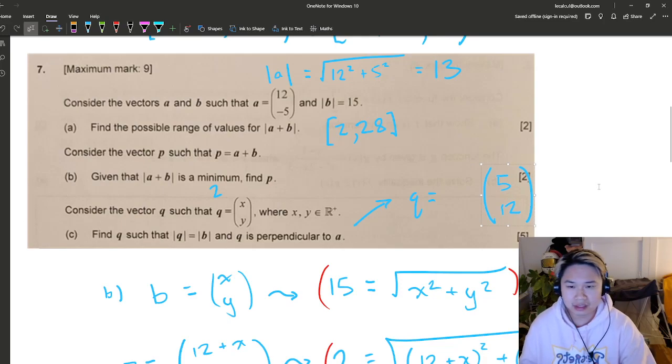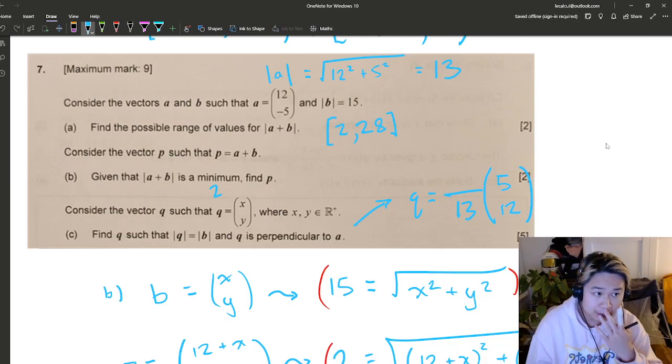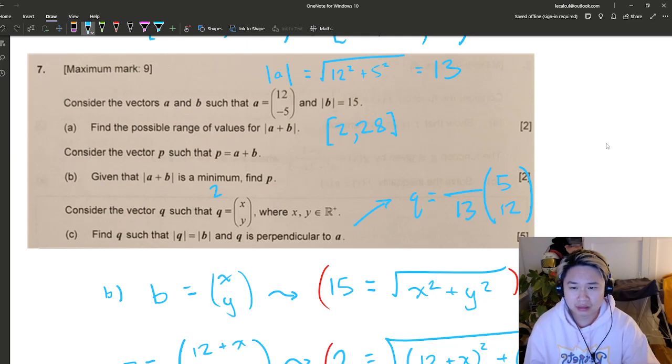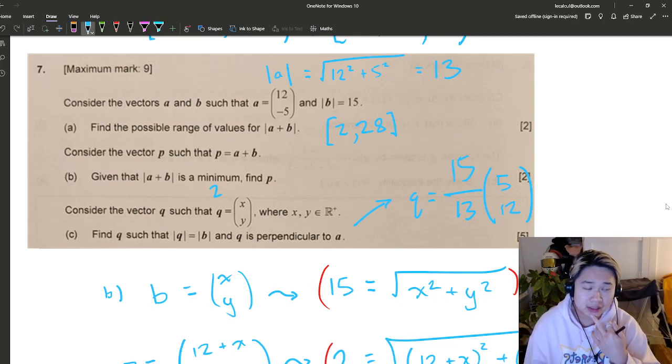So what we do is we find its unit vector, which means that we take this and basically multiply by a scalar 1/13. So now it's a length of 1. And then we need it to be the same length as B. And B is 15. So you just multiply your unit vector by 15.